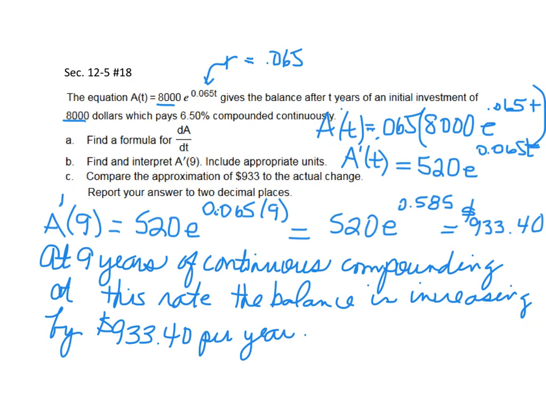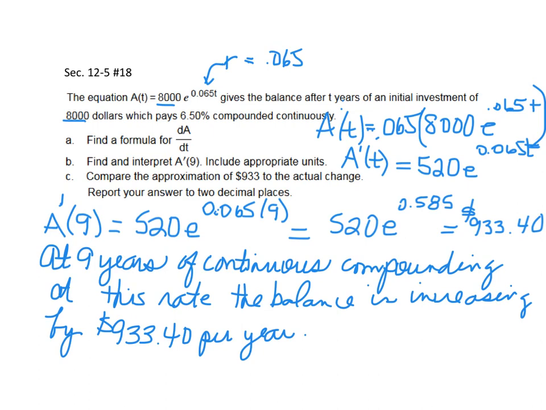Part C says compare the approximation of 933 to the actual change and report your answer to 2 decimal places. The actual change is the amount of interest from year 8 into year 9.